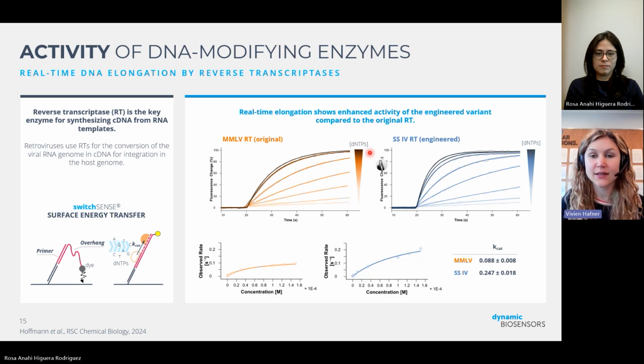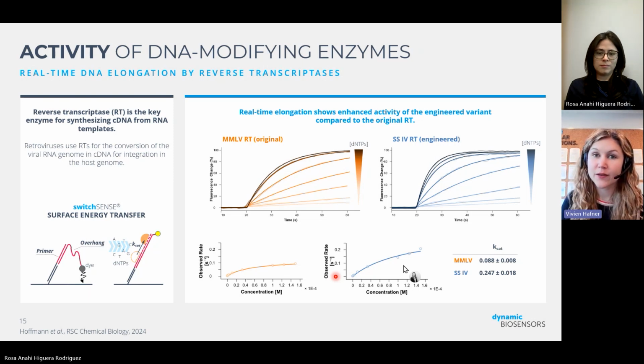And you can see here that with increasing concentrations, from bottom to top, we have increasing concentrations of NTPs, and you can see that over time, as the reverse transcriptase synthesizes the cDNA, we will see an increase in fluorescence intensity. And we can derive from this an observed rate, and if we plot this against the concentration, we can derive a kcat, and you can directly see that the engineered version of the reverse transcriptase has a higher catalytic activity compared to the original enzyme.